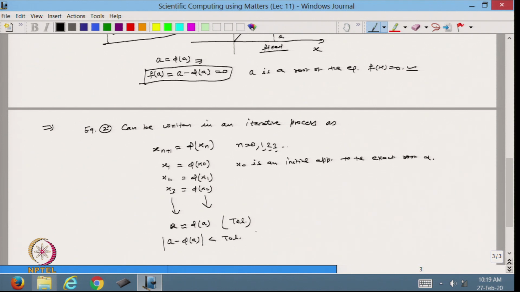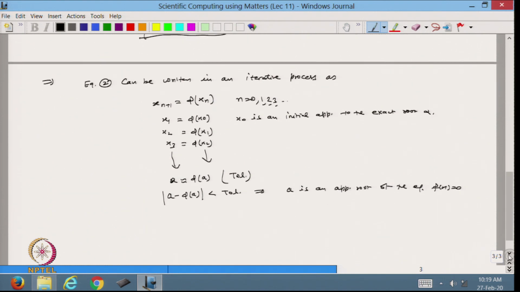Once it is reached, I will stop, and from there I will say that a is an approximate root of the equation f x equal to 0.